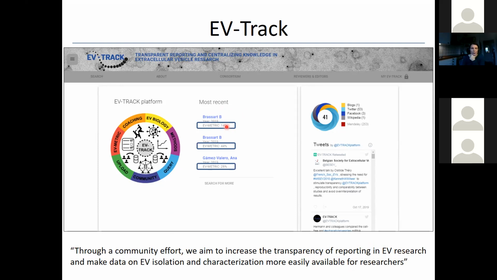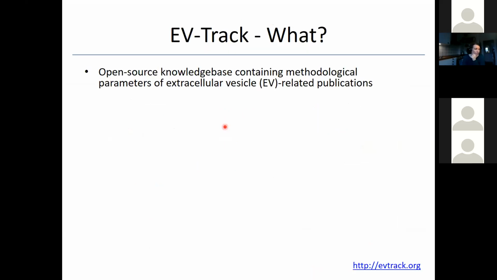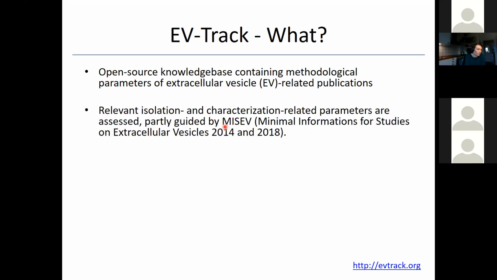How easy would it be for somebody to repeat what you have done? So EV-Track is an open source knowledge base containing methodological parameters of extracellular vesicle related publications. It's guided mainly by the MISEV guidelines from 2014 and 2018, since the field has said that these are the things that we think are important for people to report.